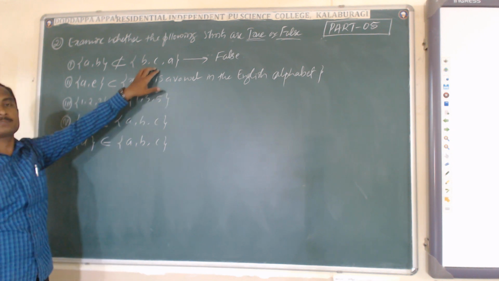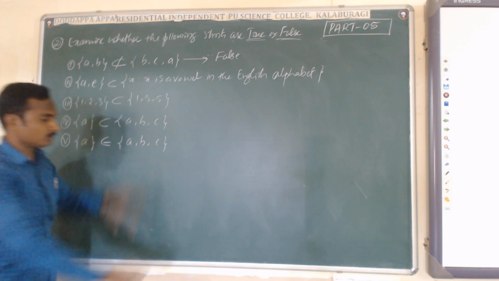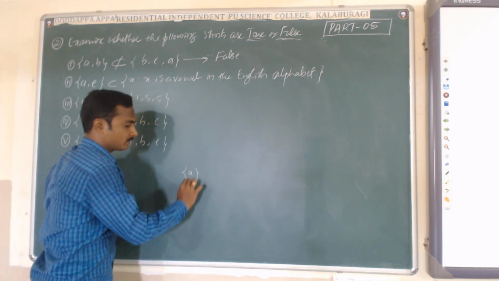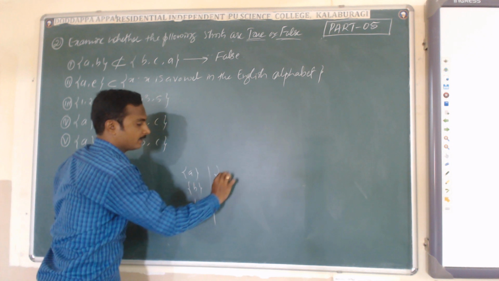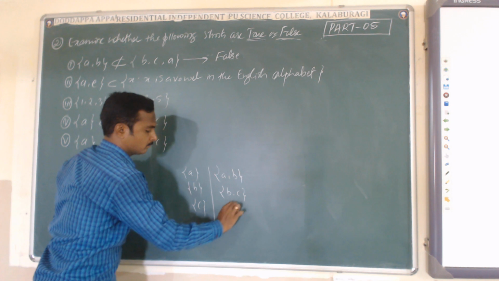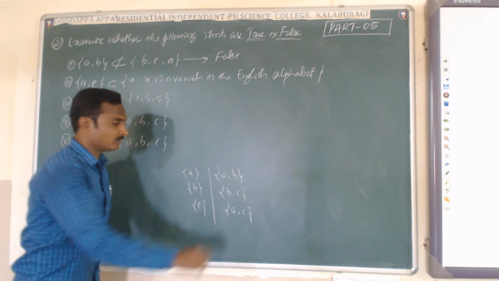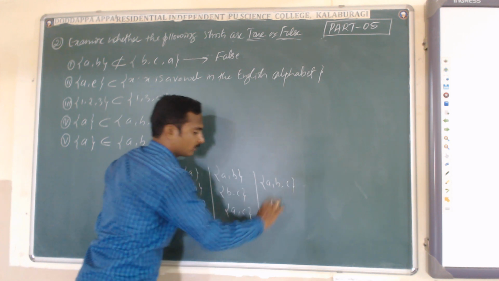Because if you find the subsets of the set BCA, what are you going to get? You are going to get the singleton elements. After that, the double elements. After that, 3 elements. After that, the null set.